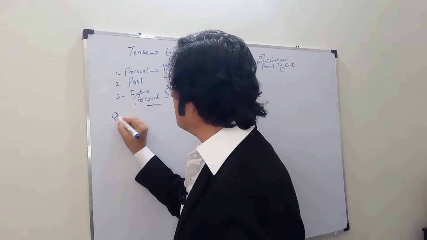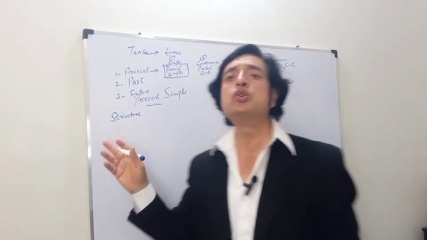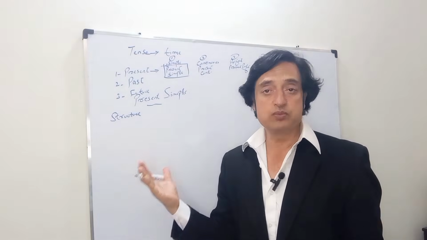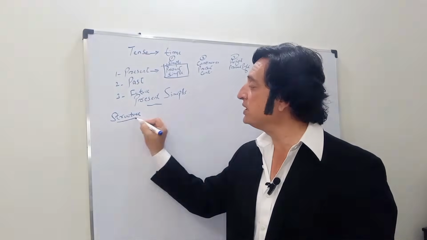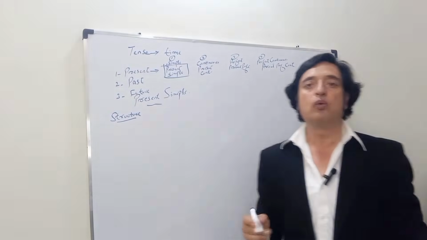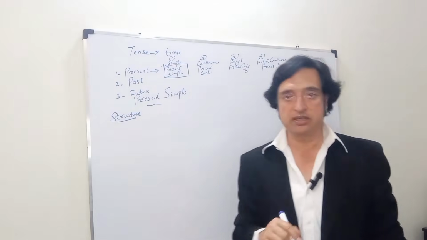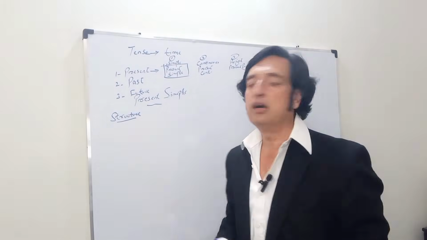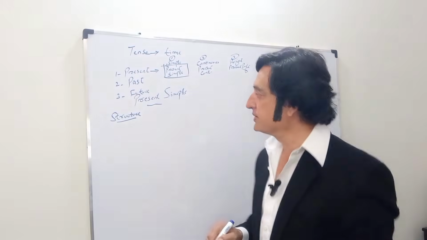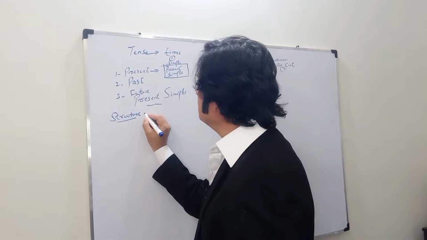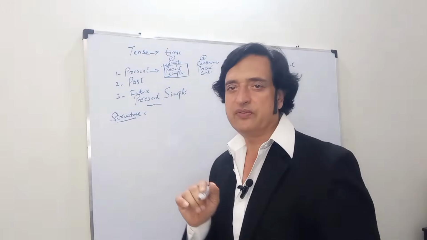The structure could also be called the formula or the rules. So if somebody asks you what is the formula or what are the rules for the present simple, don't get confused. We'll take only this word, structure.